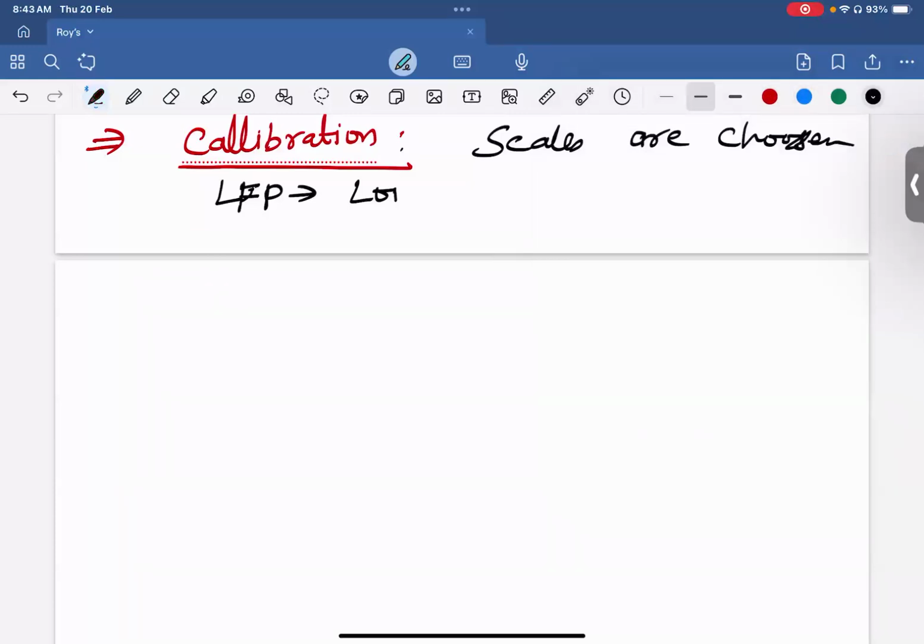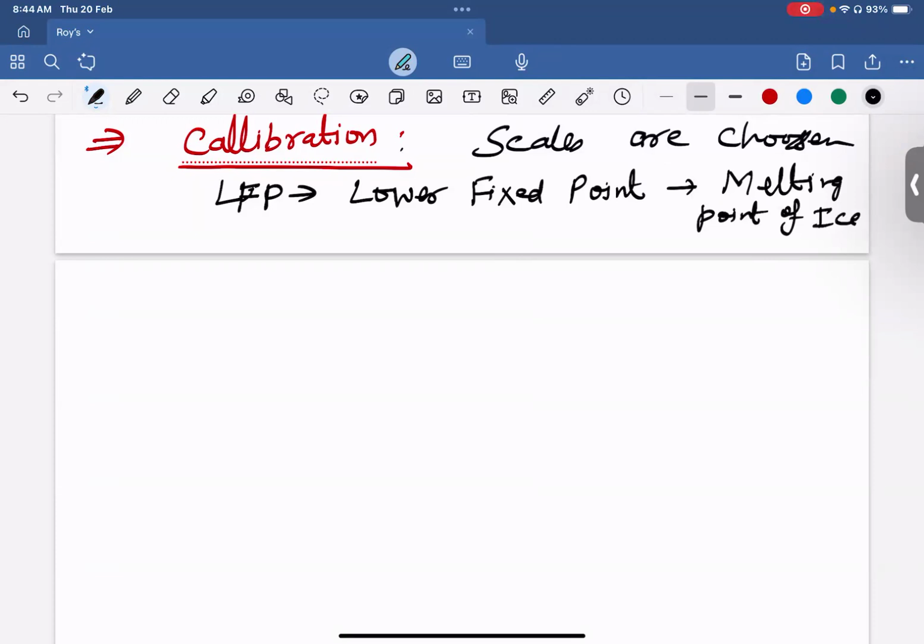That is the melting point of ice. Then we take an upper fixed point, and that is basically the boiling point of water.